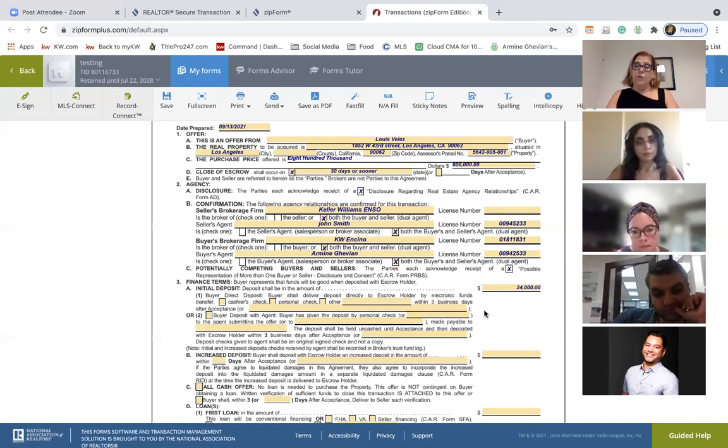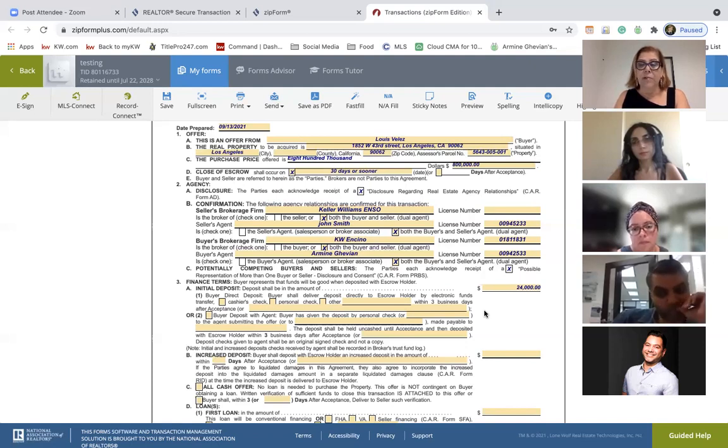So when you are talking to your buyer, it's very important that you explain to them this rule: if 3 days pass and they have not wired their deposit to the escrow company, they basically have no contract. Seller can very easily cancel. Seller has every right to cancel the contract because by contract, it says within 3 business days.